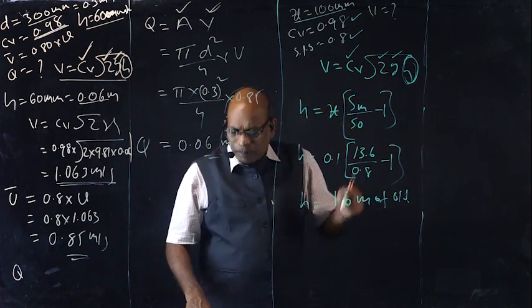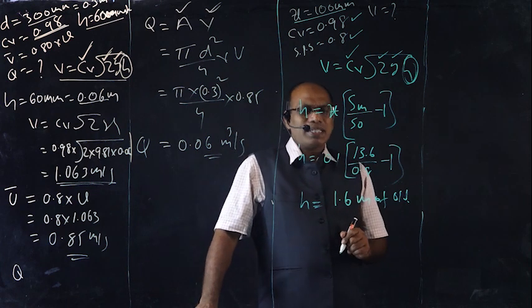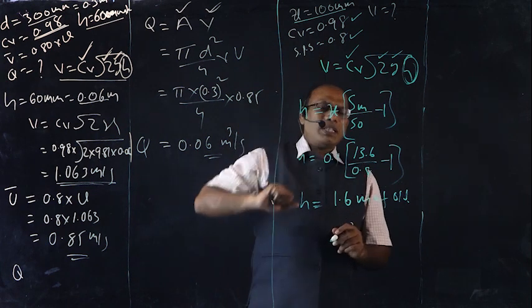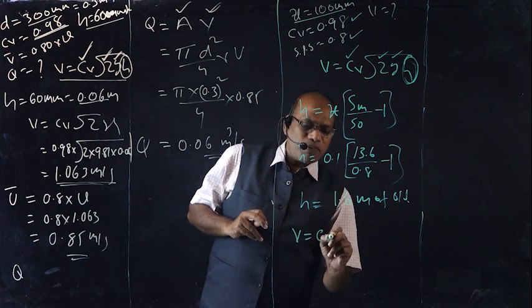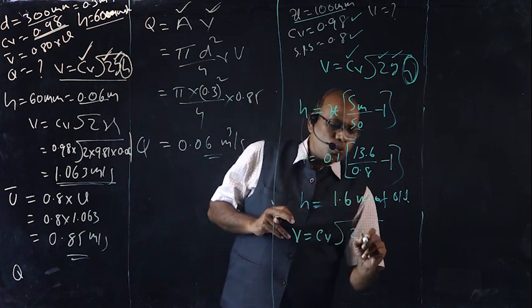Once we know h, the pressure difference between the two sections, now we are going to determine the velocity of flow through the pipe. V is equal to Cv root 2gh.